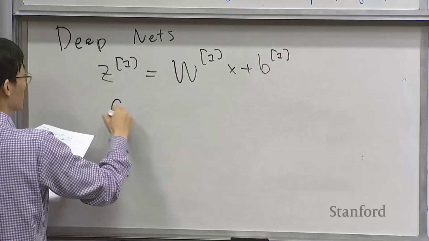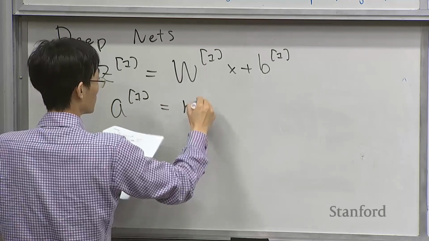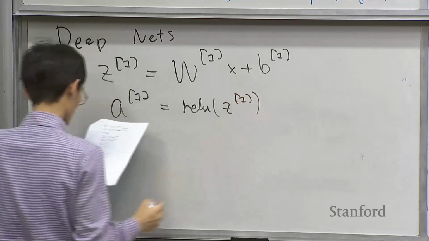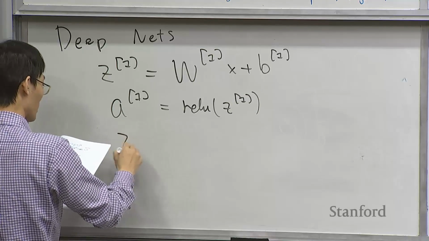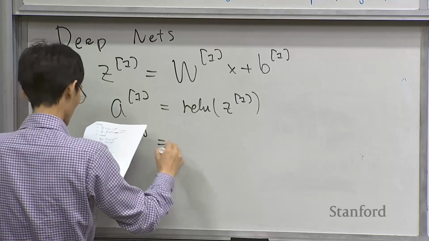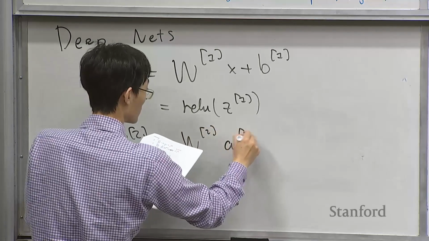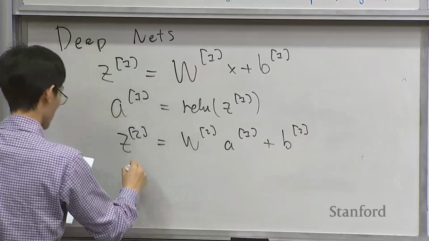The activation is some ReLU of Z1. Then you do the second layer, you have W2 A1 plus B2, and so on.